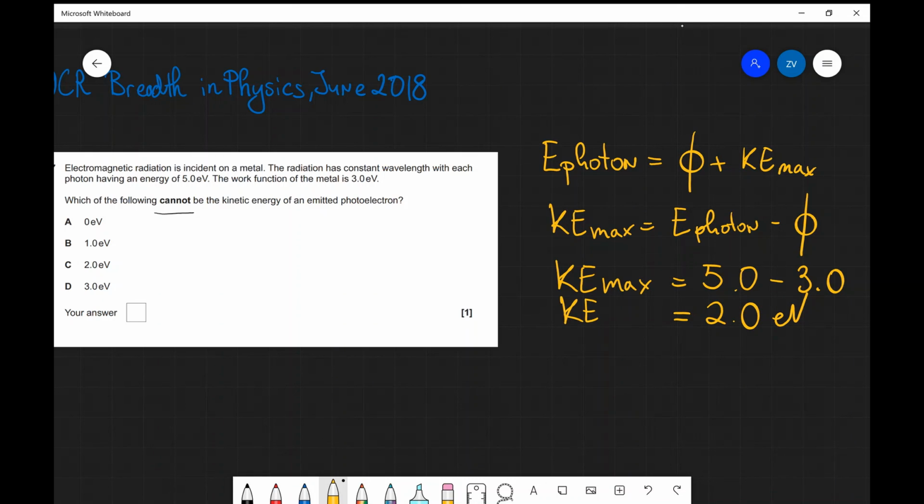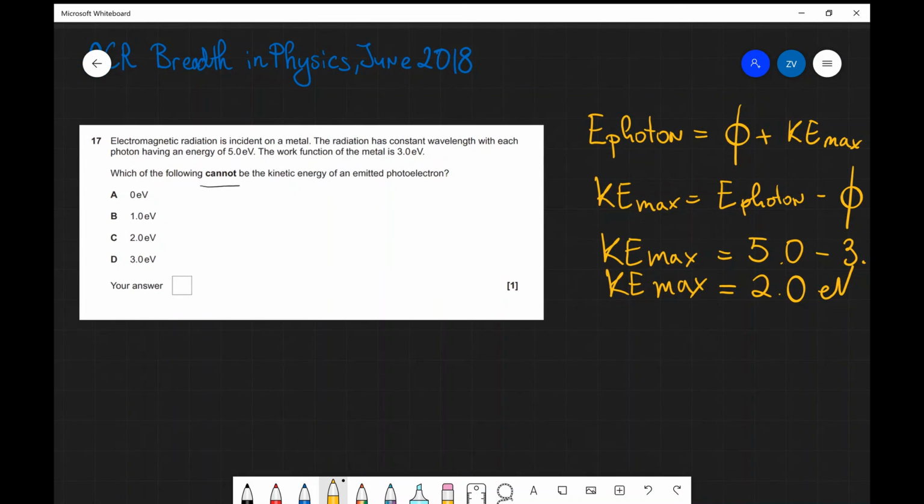So this is actually the maximum kinetic energy. No energies higher than that are allowed for the electrons which are escaping the surface. Now looking at A, B and C, the only number above that is D, so that has to be the correct answer. So correct answer D, 3.0 electron volts.